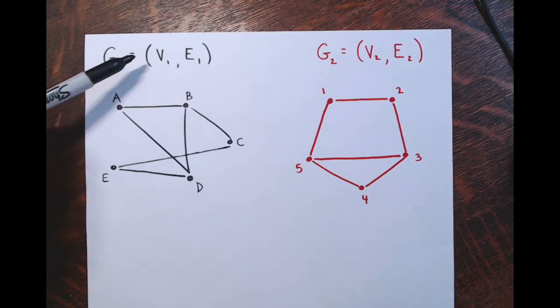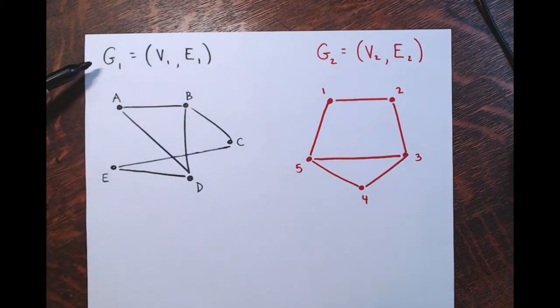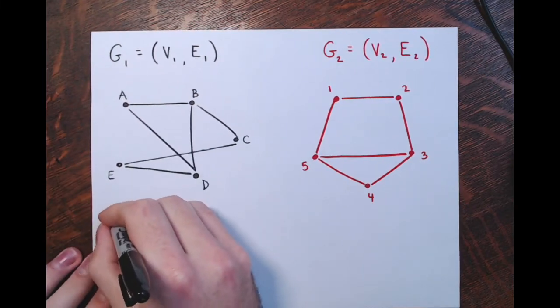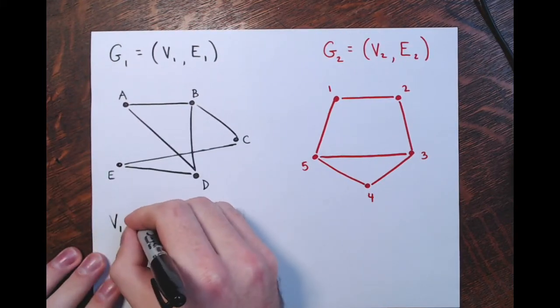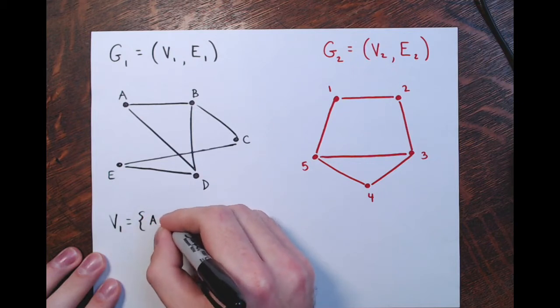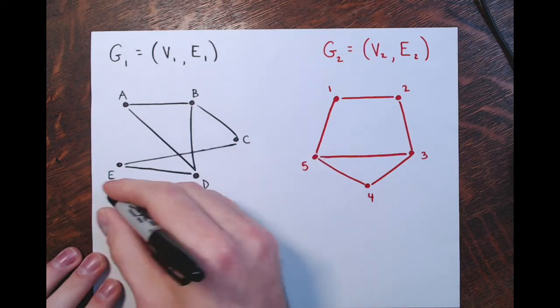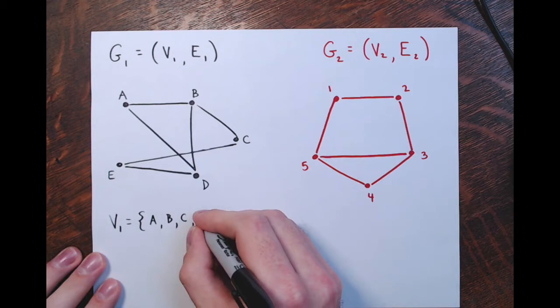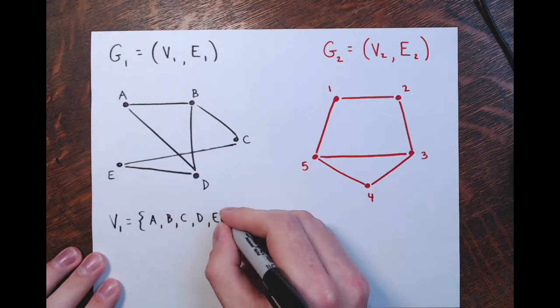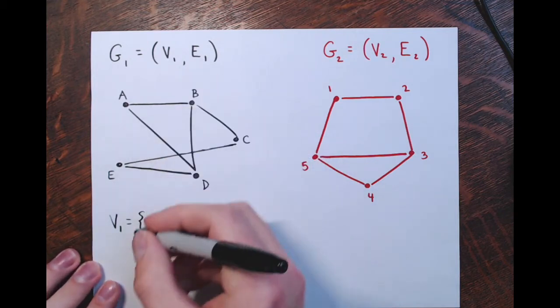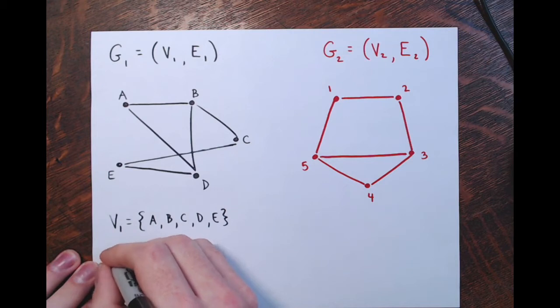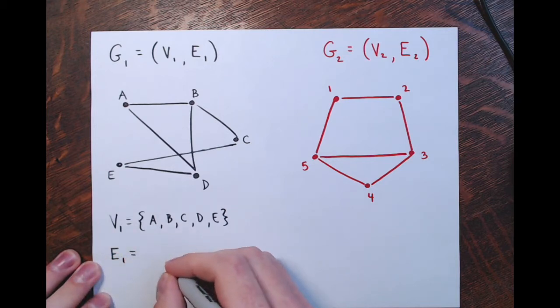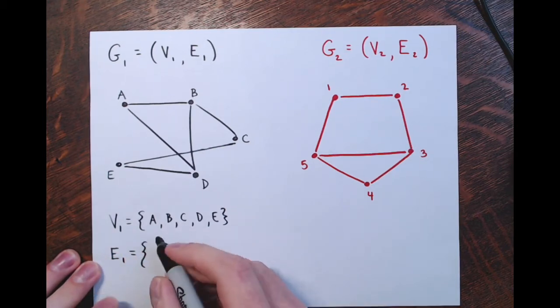I've got this black graph, called G1, with a vertex set V1, and I'll write out the vertex set here. It's got vertices A, B, C, D, and E. And edge set E1.